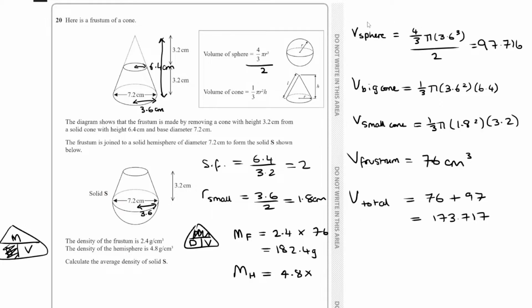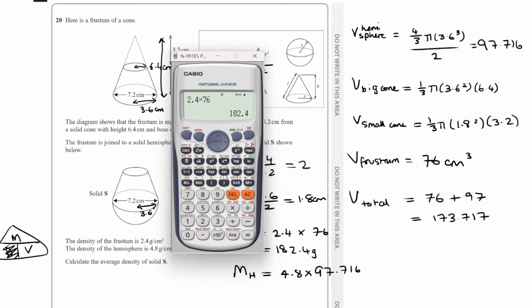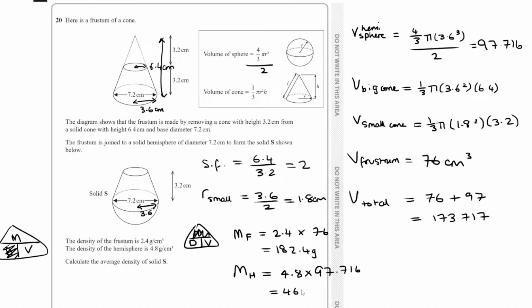And then the mass of the hemisphere, density 4.8, multiplied by the volume of the hemisphere, which was up here. Oh, I put sphere, but it's hemisphere. 97, that number. Which I do have saved, so I'm going to use my saved answer. 469.037. We're almost there, guys.